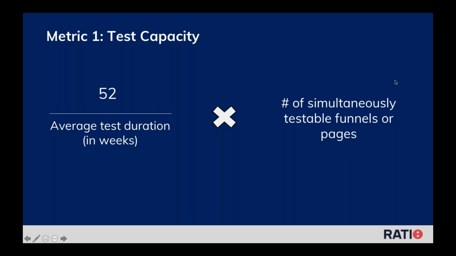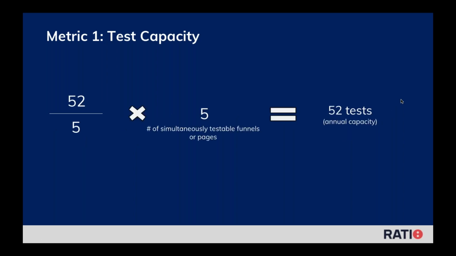And then multiplying that by the number of simultaneously testable funnels or pages that you have, and that will give you the number of tests that you can run in a given year. So if each of your tests, given your traffic levels, was taking typically 5 weeks to complete, and you had 5 simultaneously testable funnels or pages, you'd have an annual capacity of 52 tests.